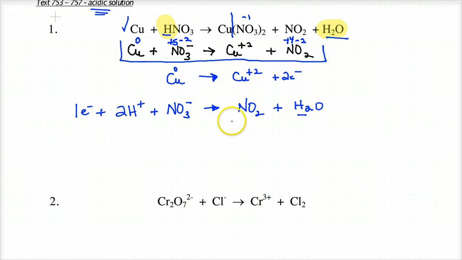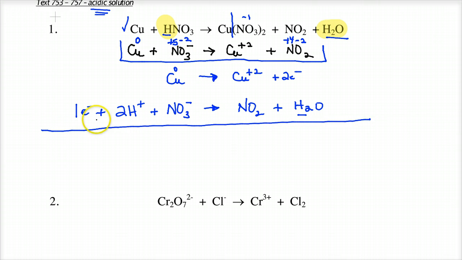So how do I do this? The next thing I have to do for this to totally balance is balance the charge. This reduction half reaction is taking in one electron. This copper is releasing two. So if that doesn't work, we have to balance these electrons. So what we do is we have to have a common factor.